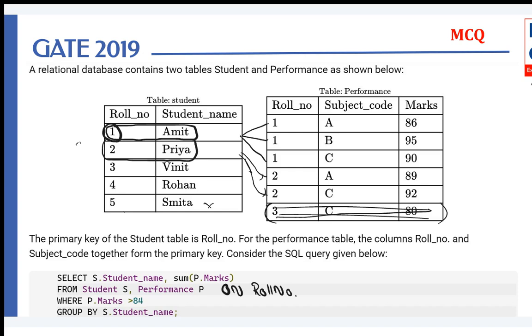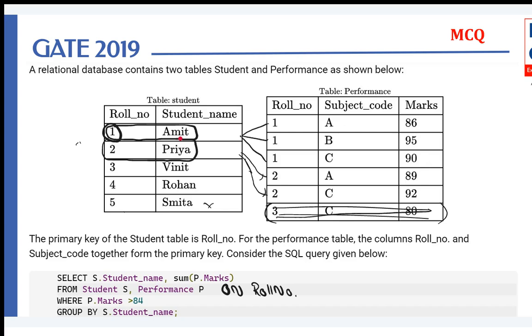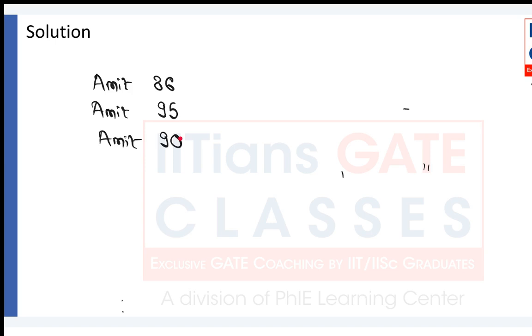Amit 86, Amit 95, Amit 90, and Priya 89, Priya 92.